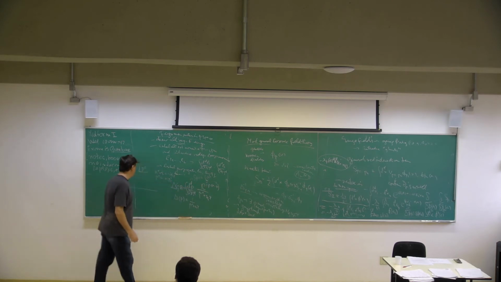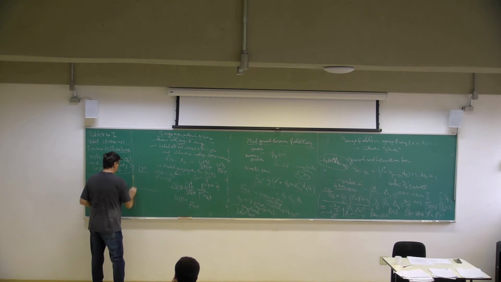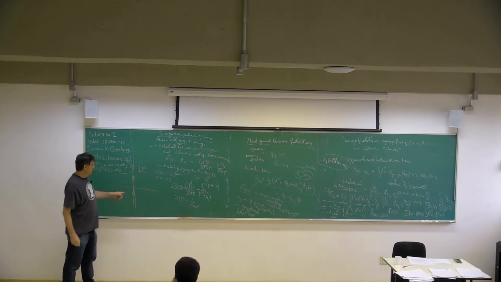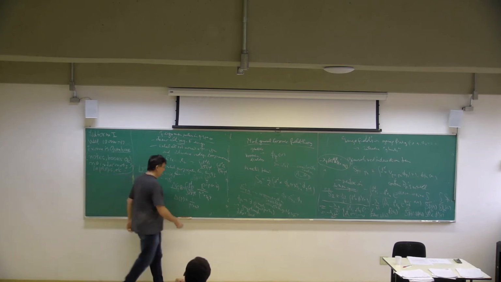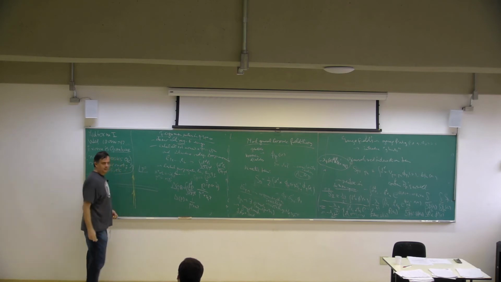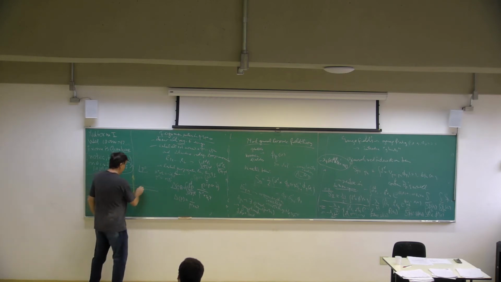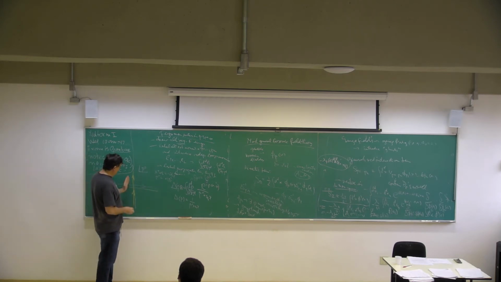The contour, however, goes up along the imaginary line, whereas the contour in Minkowski space would have been integration over real P0, which is this one. So what I want to do is to rotate the contour from here to here.